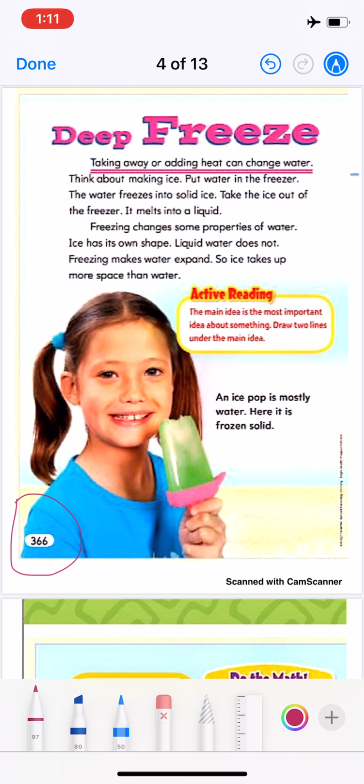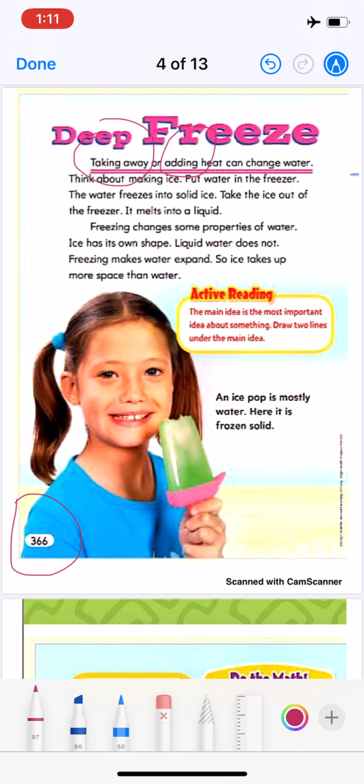Then, what will happen if you leave the ice cubes out of the freezer? Put them away outside the freezer. The ice will stay ice? Of course not. The ice melts. So, what we are learning here is what happens when you add heat to the ice and when you take away heat from the water, for example.